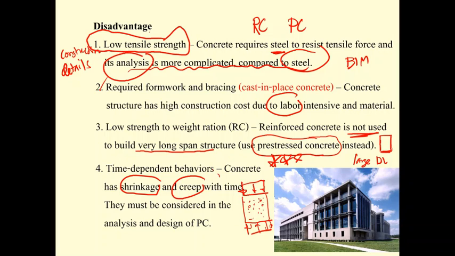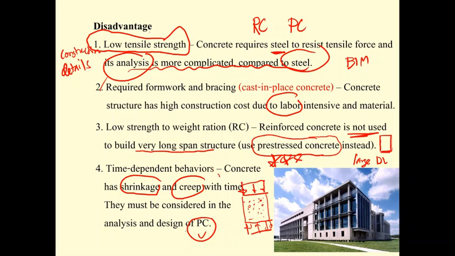When the water evaporates and then you take the force out, this permanent deformation won't come back. This is important when you design pre-stressed concrete. Okay, you have to consider the effect of shrinkage and creep. That's going to reduce the pre-stress of the concrete, and the effectiveness of the PC can be reduced.